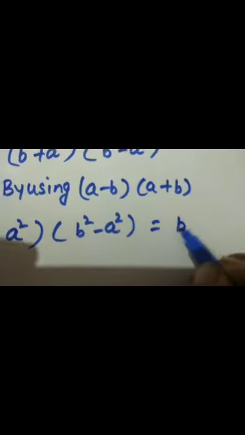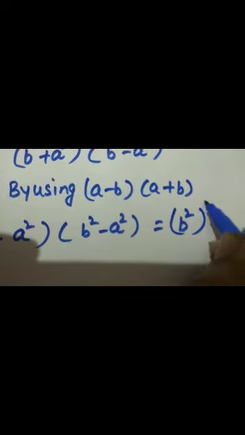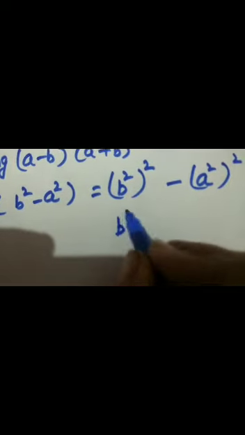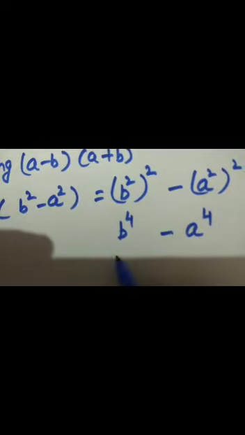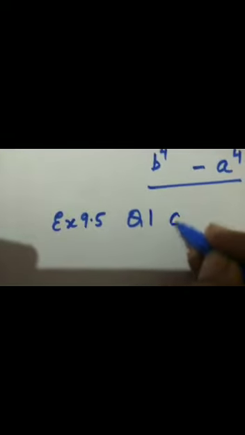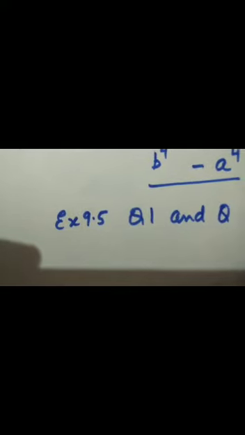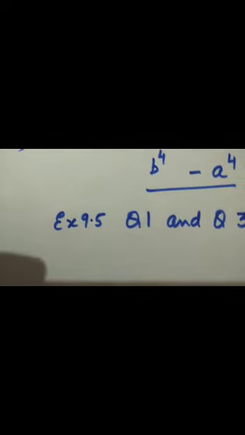Our result will be (b square) whole square minus (a square) whole square. So it will be b raised to the power 4 minus a raised to the power 4. So you can complete exercise 9.5, question number 1 and question number 3. Thank you and have a nice day.